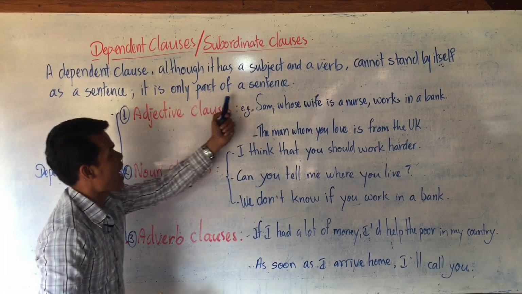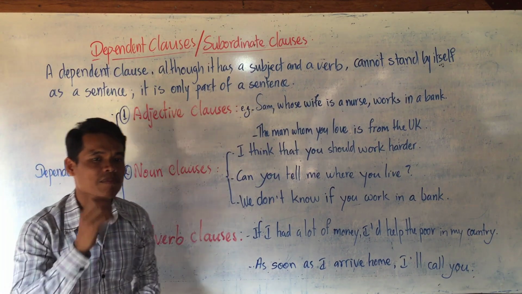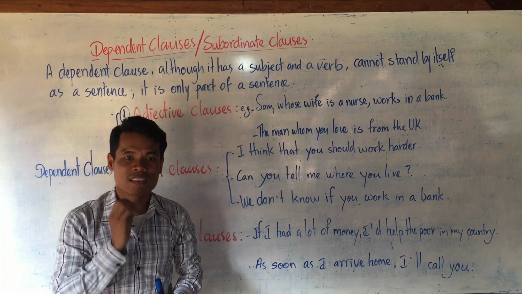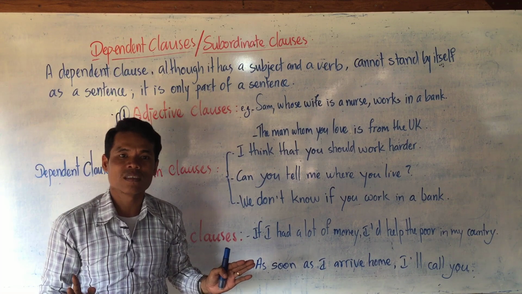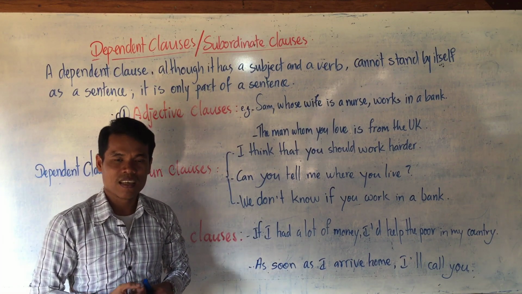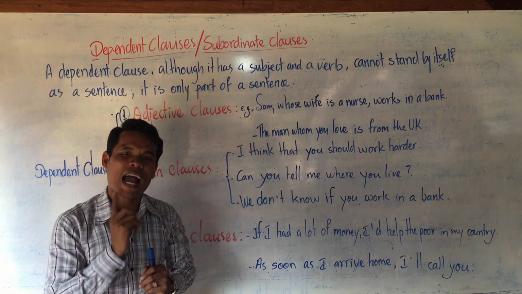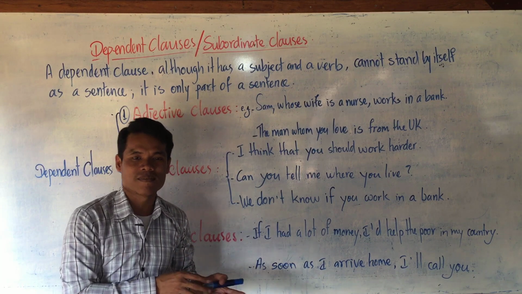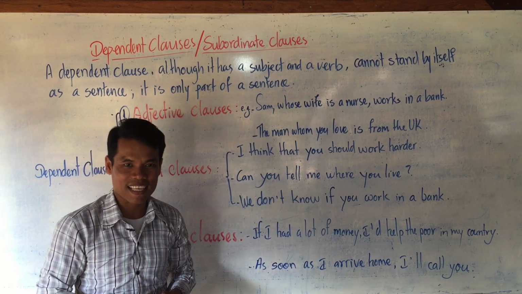It is only part of a sentence. It means that when you are talking about a dependent clause, it cannot stand alone. When it stands alone, it lacks meaning. It is only part of a sentence. It can stand depending on a main clause or IC.